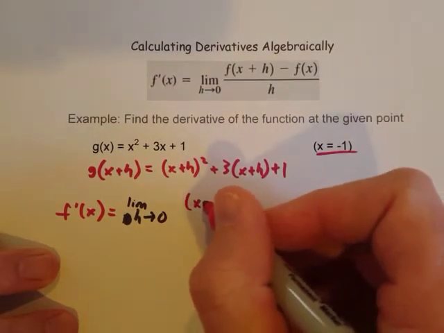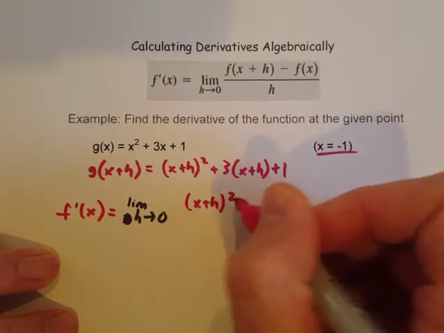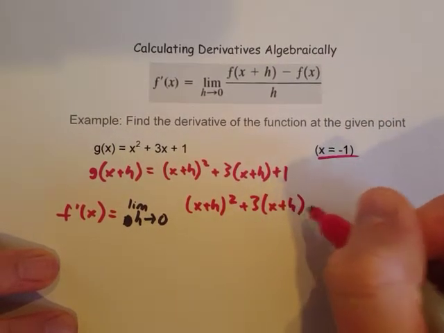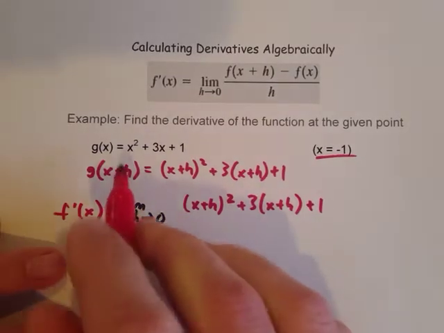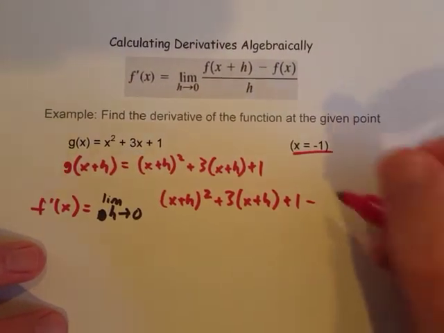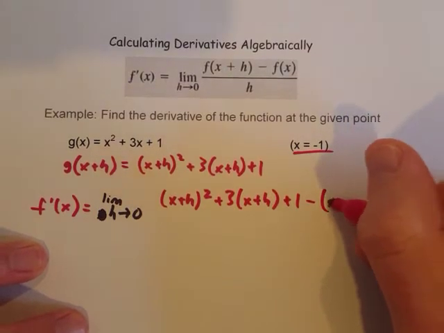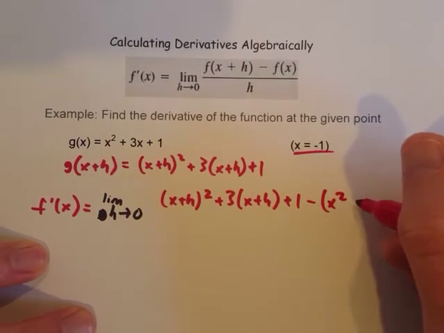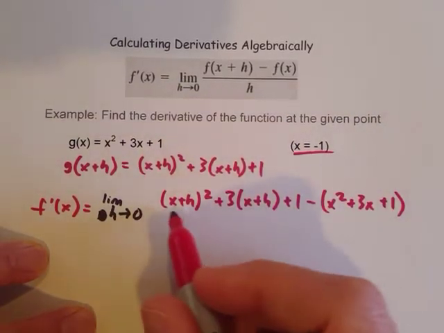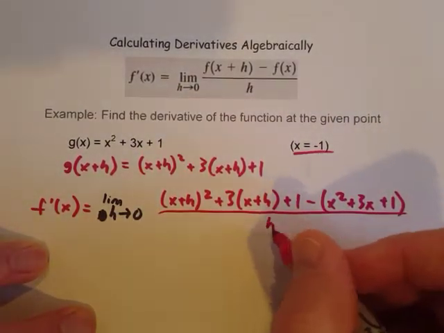So that's x plus h squared plus 3 times x plus h plus 1. And then I'm going to subtract this whole thing. So again, I'm going to put everything inside of parentheses because I will have to distribute the negative. All of this over h.